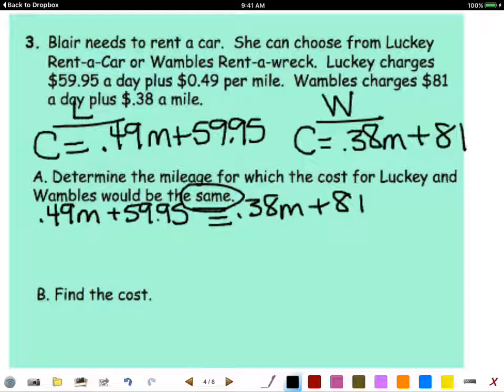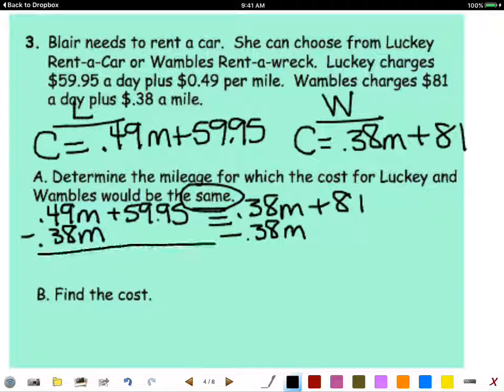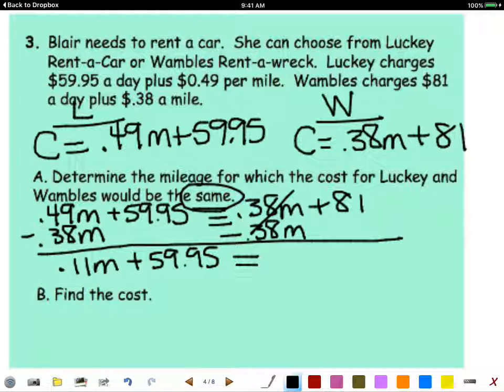Let's get rid of the variable that we have on each side. Which one do you want to get rid of? 0.38. Okay, so let's subtract the 0.38 M on both sides. 0.49 minus 0.38 is 0.11 M plus, bring down your 59.95 equal to 81. What's next?